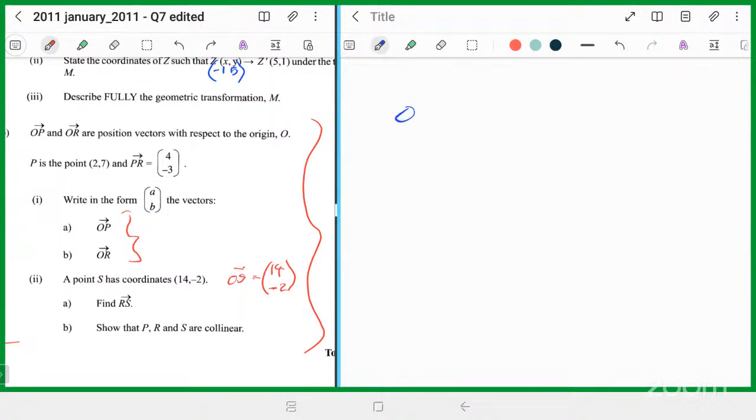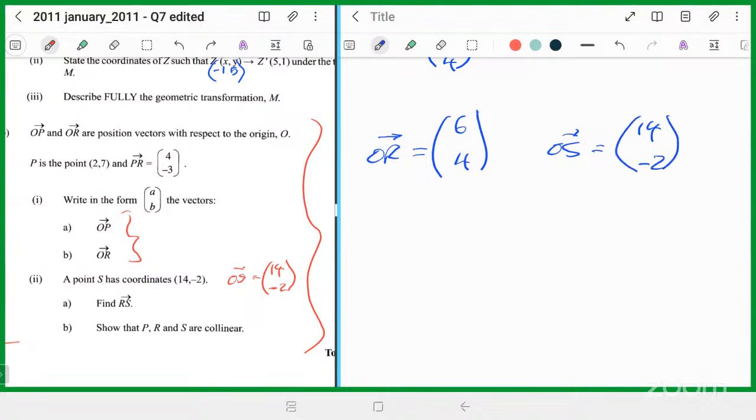So OR, we worked it out a while ago. It was 6, 4. And we have OS is 14, -2. Therefore, RS is OS minus OR, the last minus the first.